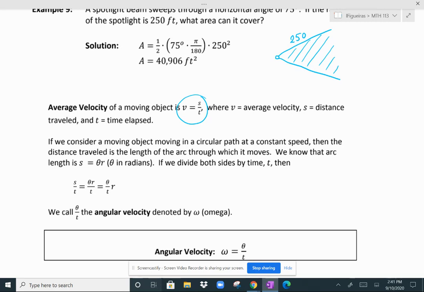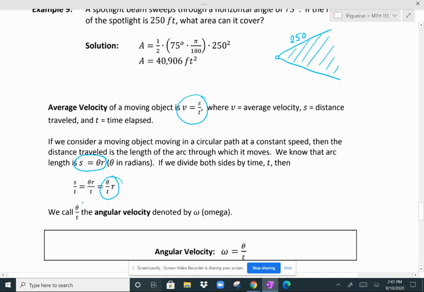So if we use some information that we just discovered before, we know that s is the arc length, or the distance traveled by a point on a circle, which would be theta r. So if you plug that in, you get this result for s over t.